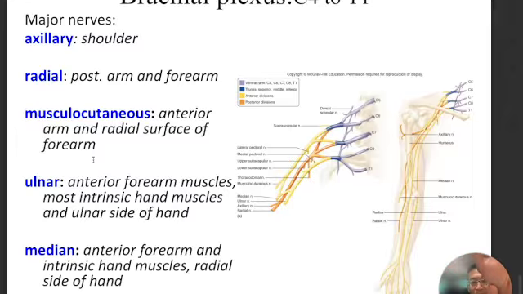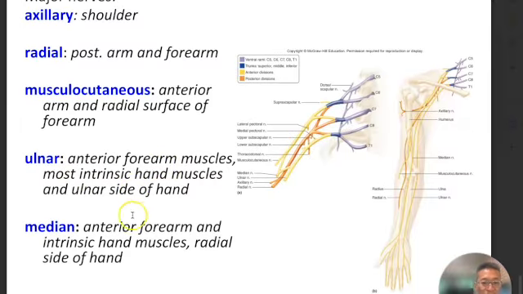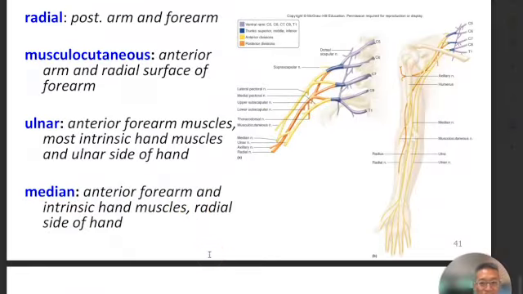Radius would be finding the thumb. Here's the radius. Okay. Ulnar. The ulnar nerve: anterior forearm muscle, ulnar side of the hand, and the median nerve: anterior forearm and the intrinsic hand, radial side of the hand.